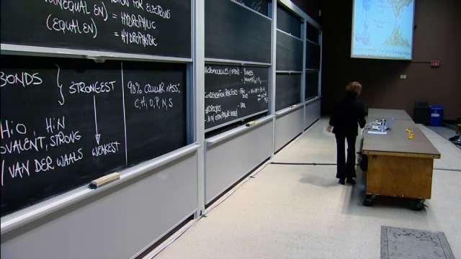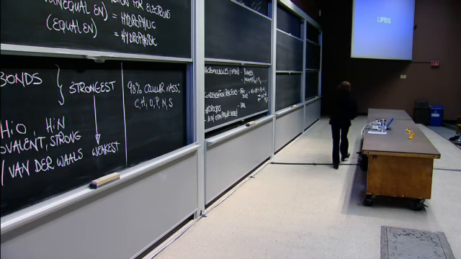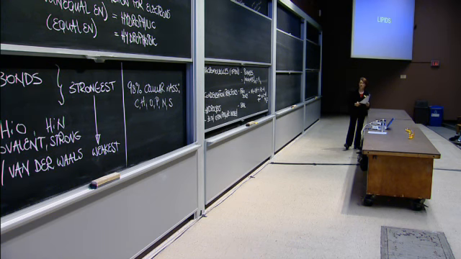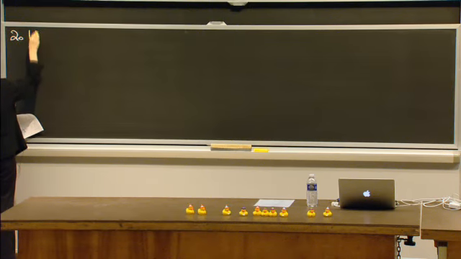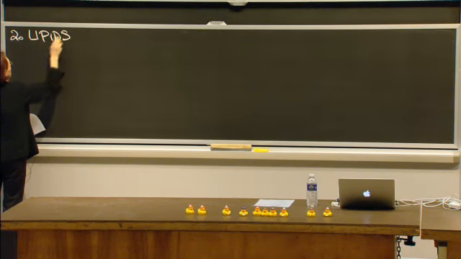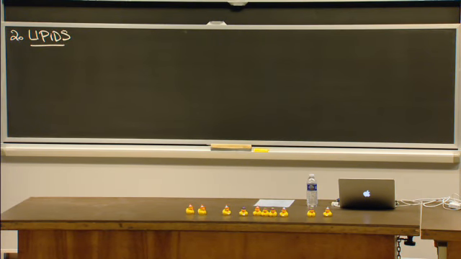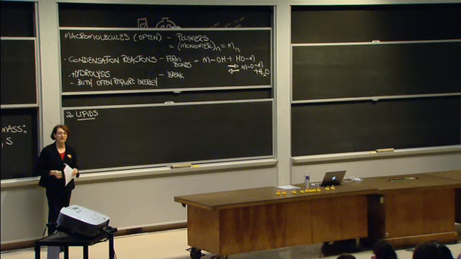Let's move then to the second topic that I'd like to discuss today, which is the first big class of macromolecules, the lipids. Lipids are a fascinating class of macromolecules, essential for life.